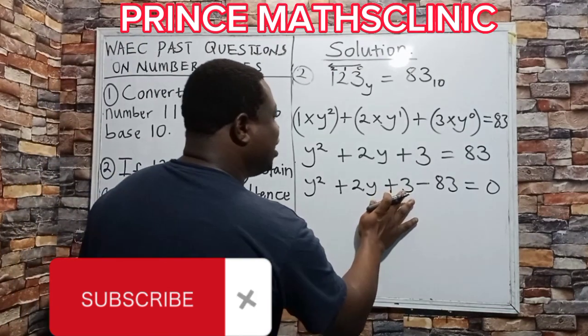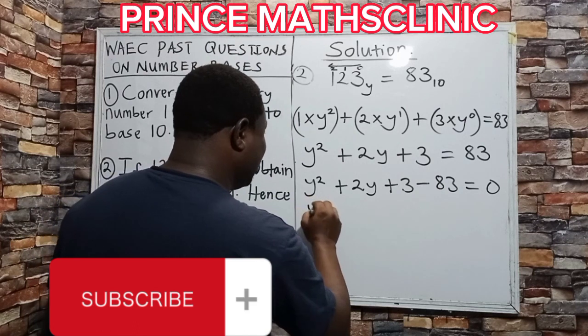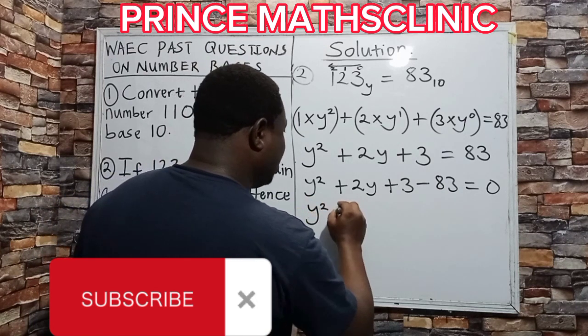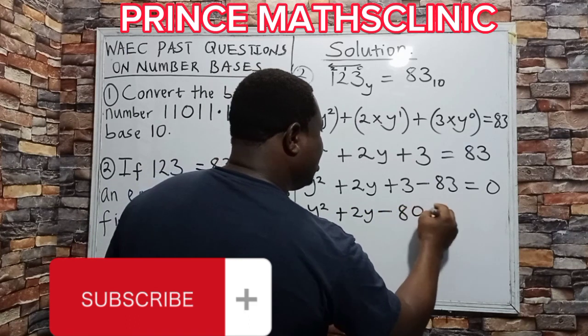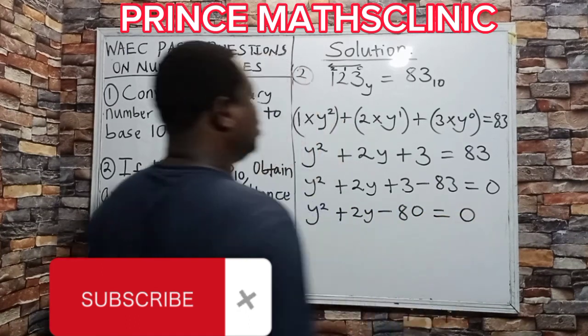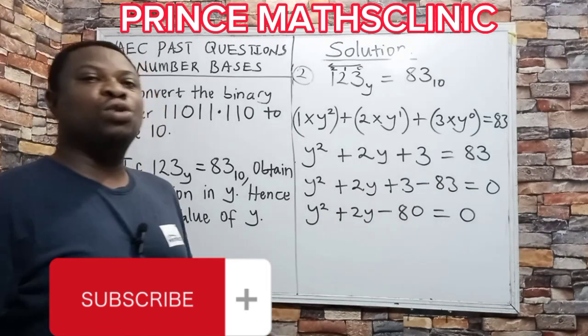And if you simplify this, 3 minus 83 will give you minus 80, so y squared plus 2y minus 80 equal to 0. Now, this is a quadratic equation.